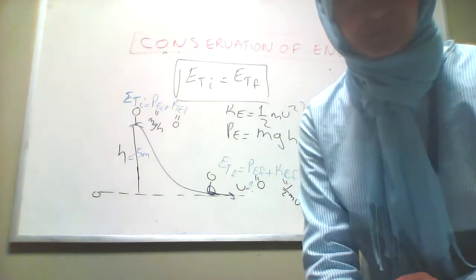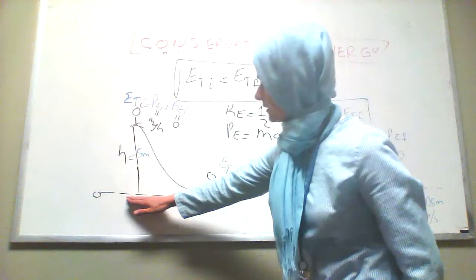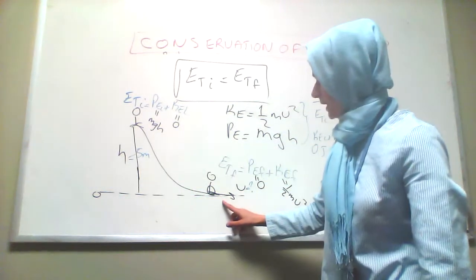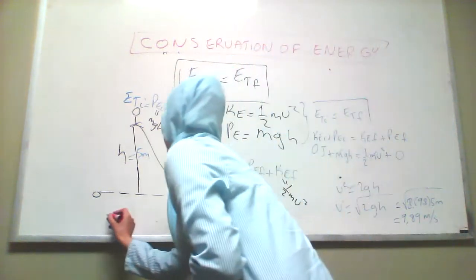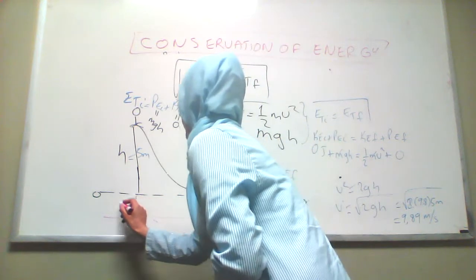If you also noticed here, I assumed that the down level of the slide is 0. And we know from real life that this is not the case. Generally, there is a little height here before the child jumps down. Let me call this h prime.